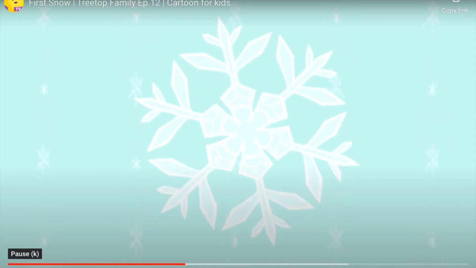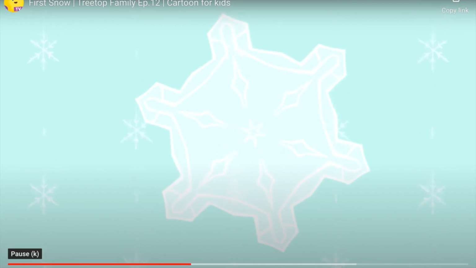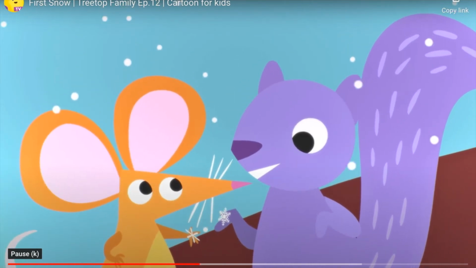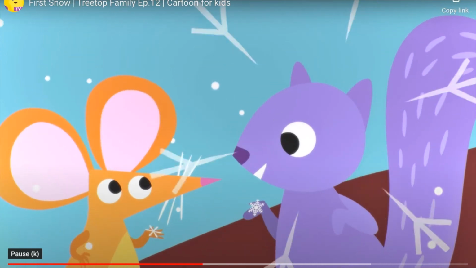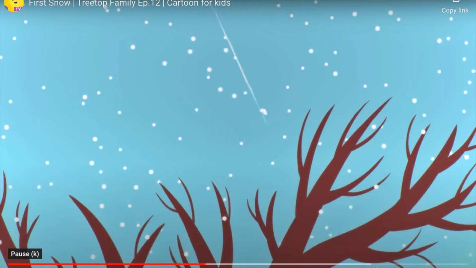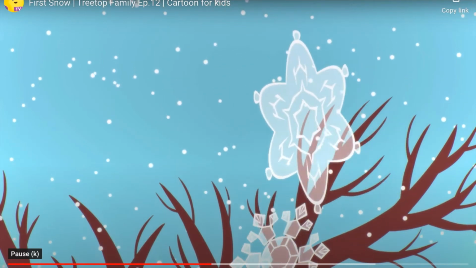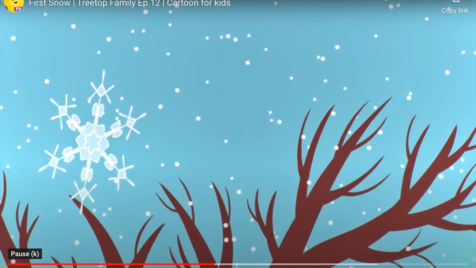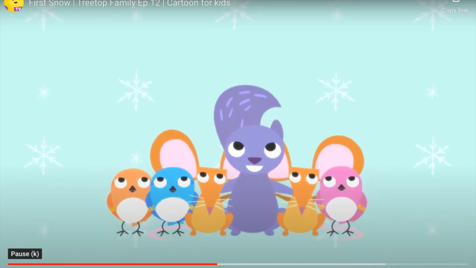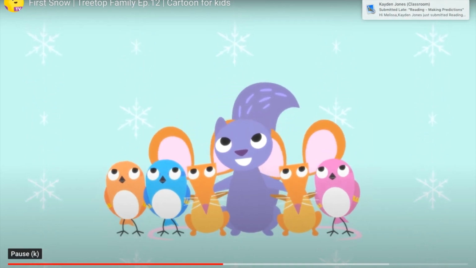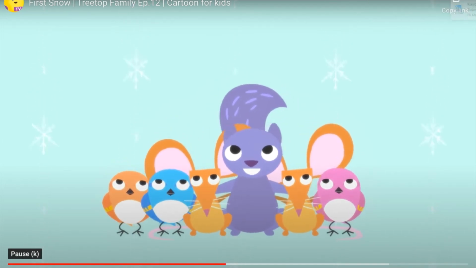Each snowflake is special, just like you and me. Each snowflake is unique, just like you and me. Each snowflake is different, just like you and me. Each snowflake is beautiful, just like you and me.